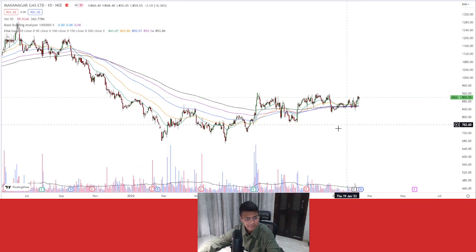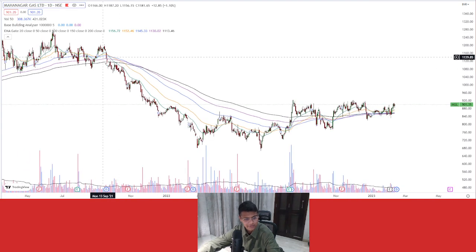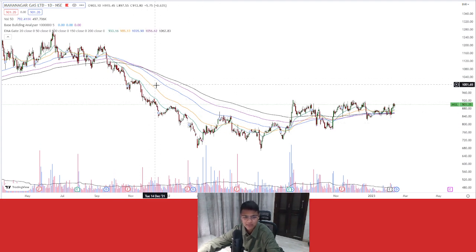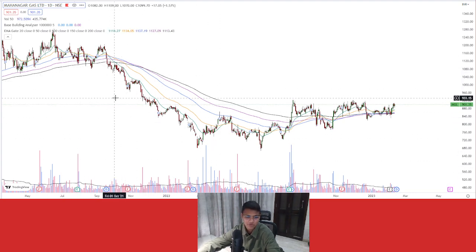So basically, here you can see the moving averages align themselves, I mean, joined themselves together. And when the downtrend started, the moving averages went further away from each other. When the moving averages move away from each other, it is called attack mode. In this, you generally see a long trend being shown by the stock on the charts.